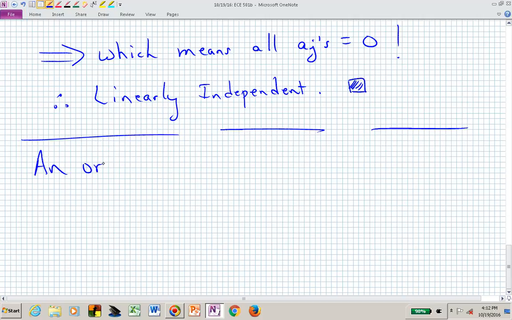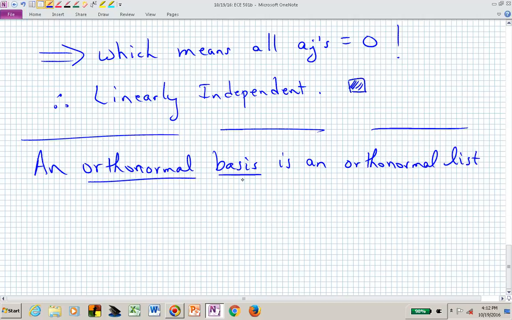An orthonormal basis is an orthonormal list in our vector space V that is also a basis on V.